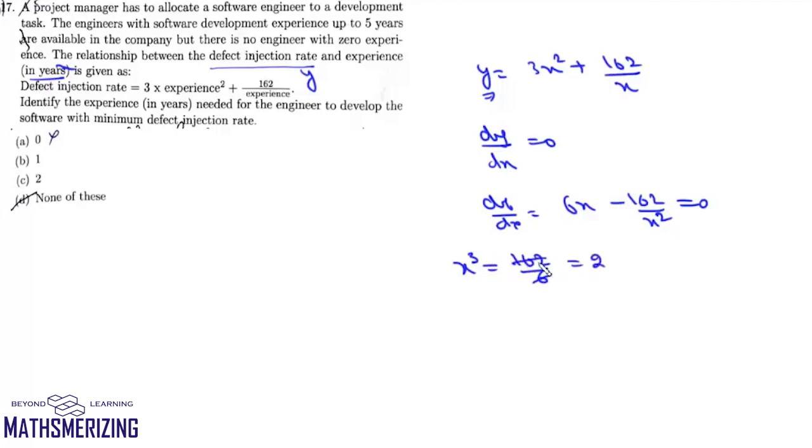So this is 27. So value of x is simply 3. So we'll take this 3. So this is plus and this is minus. So this 3 is a point of local minimum. So defect injection rate will be minimum when the value of x is 3, and which is none of these.